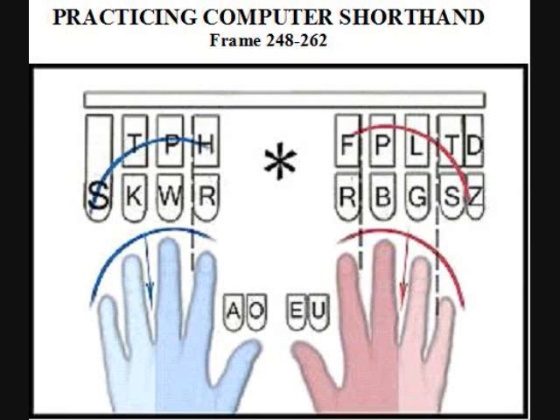Okay, frame 255 says shouldn't when it comes second in the phrase. I shouldn't. You shouldn't. He shouldn't. She shouldn't. It shouldn't. We shouldn't.